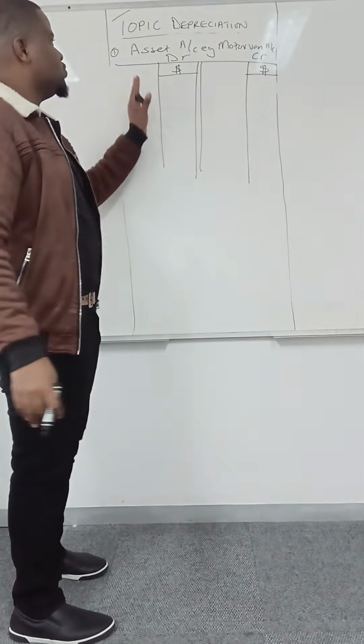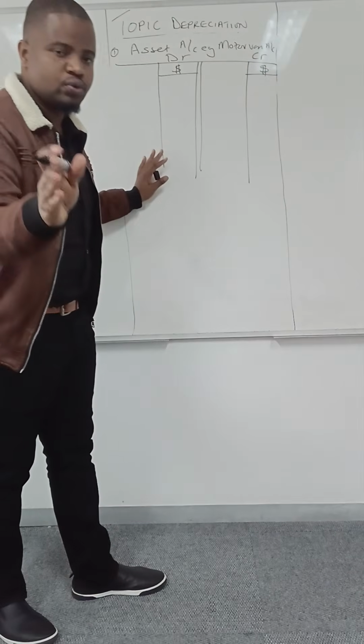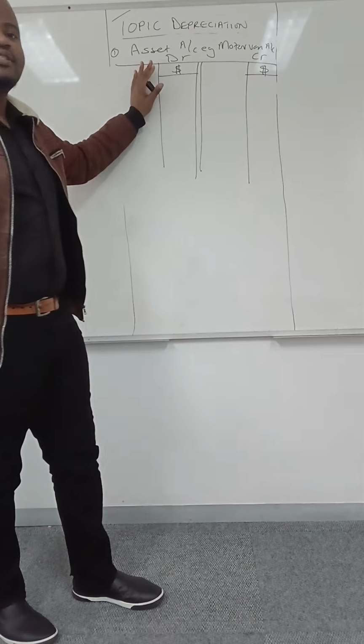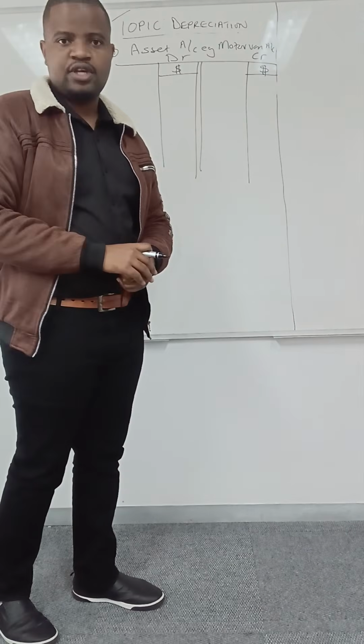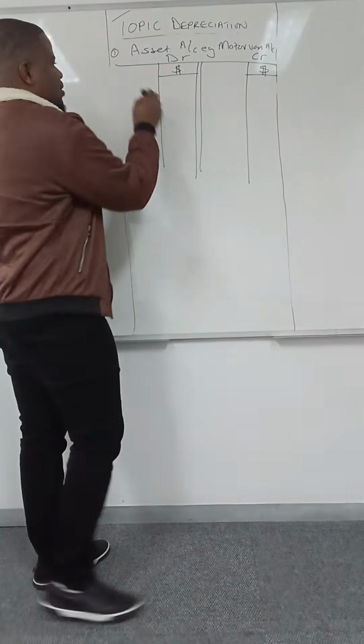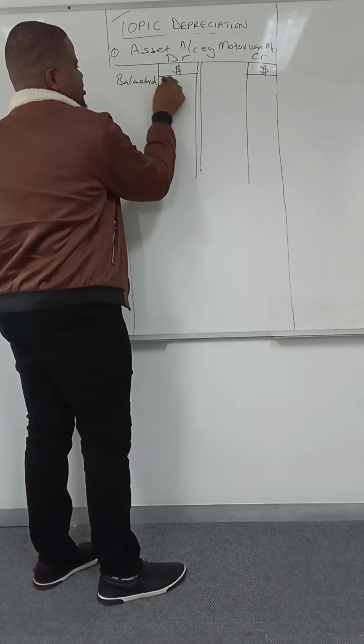When we do the asset account, this account is prepared on cost. All assets maintain a debit side, so our balance b/d is on the debit side.